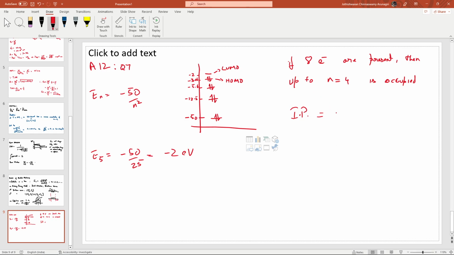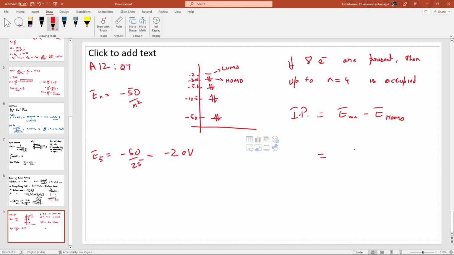So it is E vacuum minus E HOMO, because the vacuum energy is the higher energy level, so it is always written as higher minus lower.